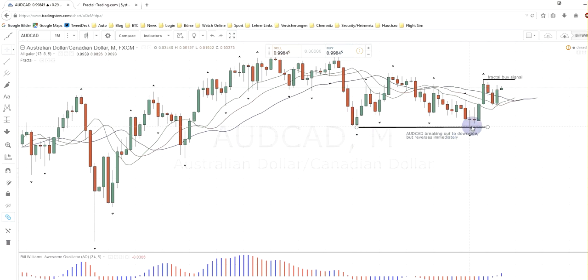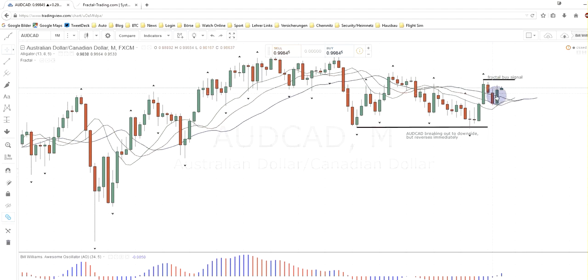Now, in the US dollar Canadian, what you saw is a breakout fractal at this point, and it was actually hit here, right here, but price wasn't able to close below that breakout, and it wasn't even able to come back down below it. So what you actually have is a failure to move to the downside, followed by quite the impulsive move to the upside.